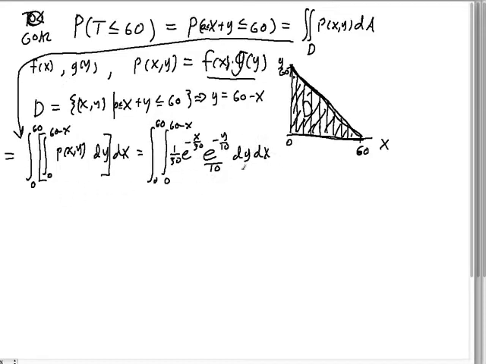So let's go down there. Leave our outer integral alone. Now we see right off the bat we have a 30 and a 10. That becomes a 1 over 300. Okay, looks good.